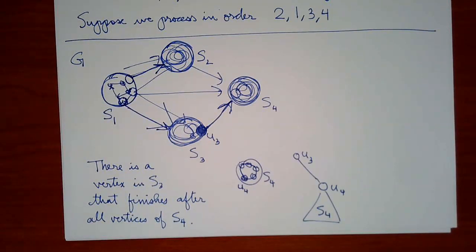Will all of the vertices in S1 finish after all the other vertices in the graph? Okay, that's a good question. It's not all the vertices. It's that there exists some vertex. And we can apply this argument to any of the components.